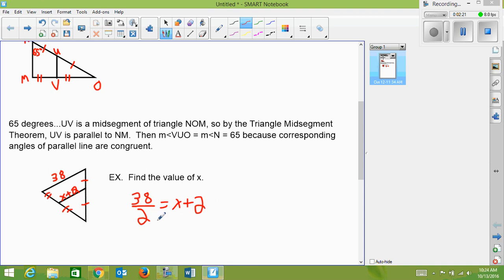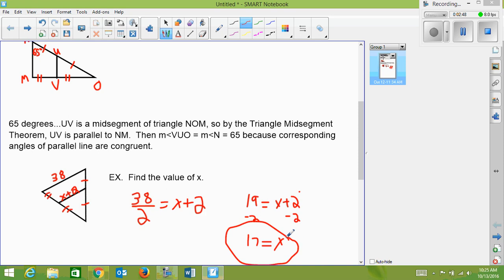And so 38 divided by 2 is 19. And so 19 equals x plus 2. And I'm going to get rid of the 2, so I'm going to minus 2 from this side. So 17 equals x.